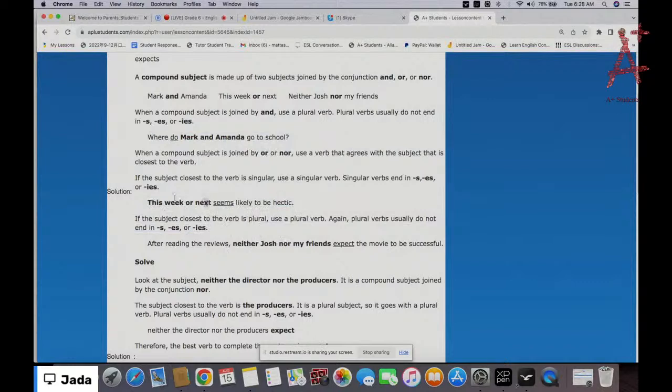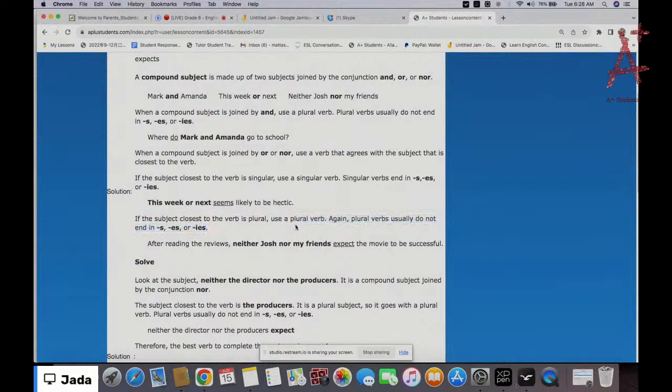Because it has this "or" here, you need to get the verb that is suitable for it, and it says "seems". Seems is the singular; it has an s. If the subject closest to the verb is plural, use a plural verb.